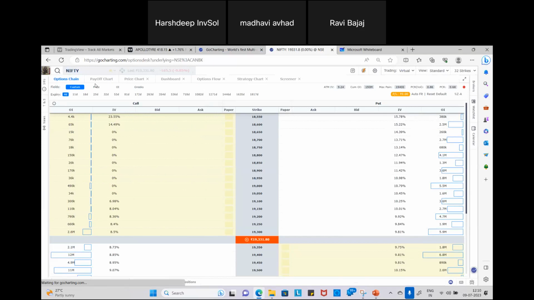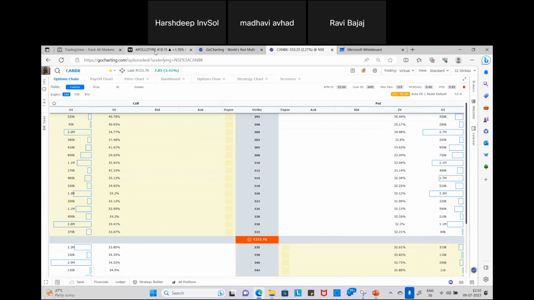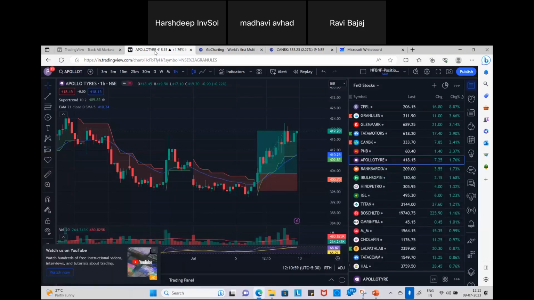Yes, go ahead Ravi. Question, Pankaj. Yes. These two indicators, are they preferred for hourly or long term? Which is more preferable?